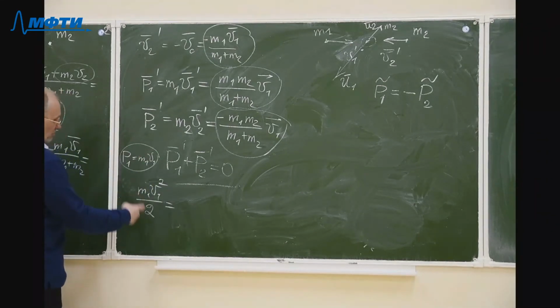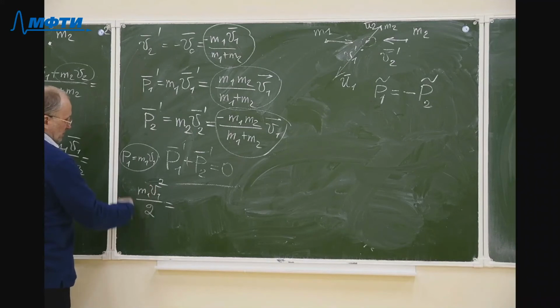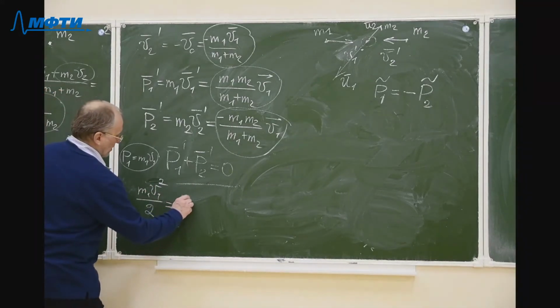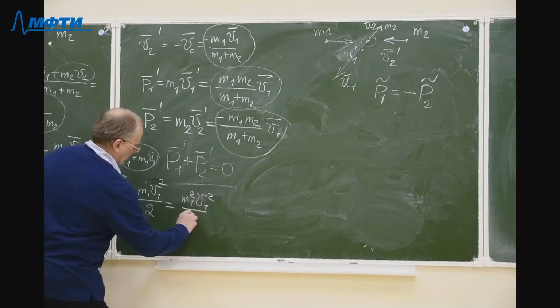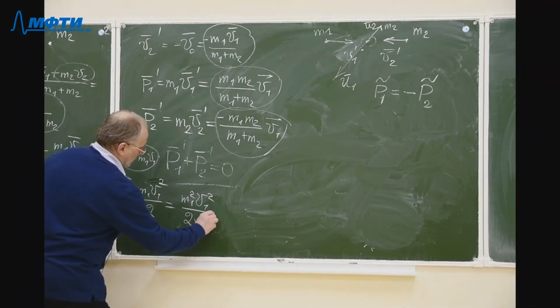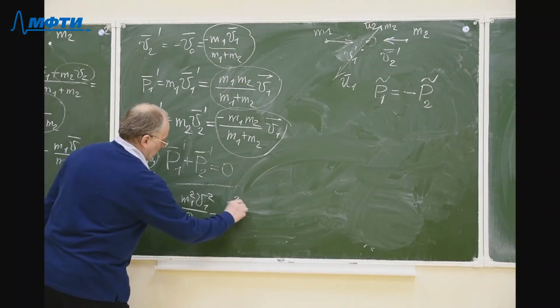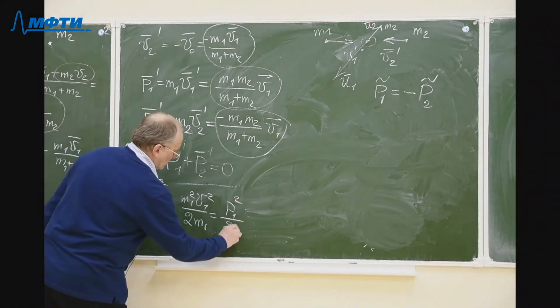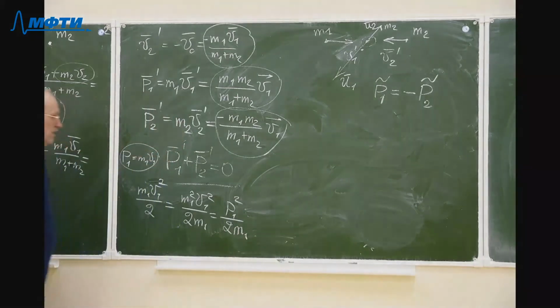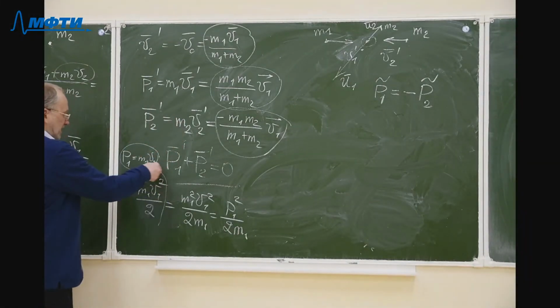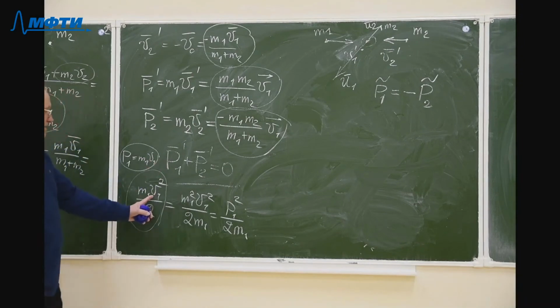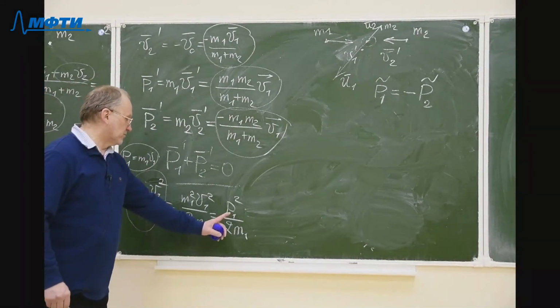And I will multiply this formula, both numerator and denominator, by m1. So I will obtain p1 squared over 2m1. So I will prefer to express the kinetic energy not through the velocity, but rather through the momentum.